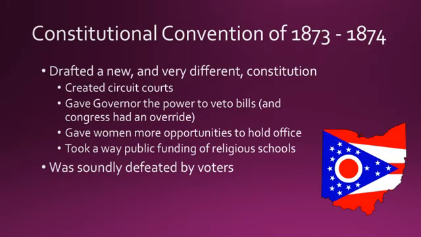It was kind of a surprise at the time, although now looking back, historians have said that the reason it was probably voted down was this whole public funding of religious schools thing, because the Catholic Church had a lot of sway in Ohio at the time. They still do, really, and they didn't want their funding to be taken away, so they really lobbied hard against this new constitution, and it was not adopted, okay?